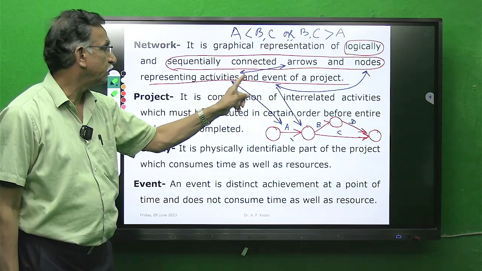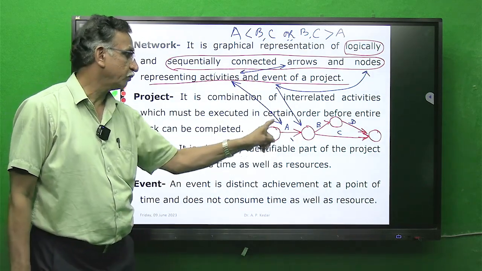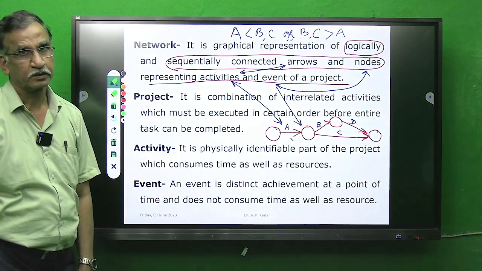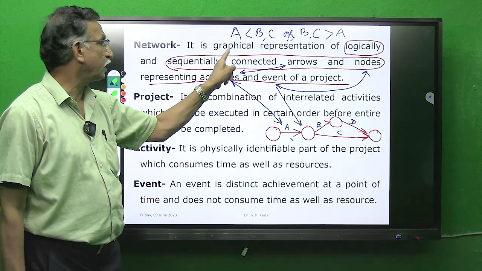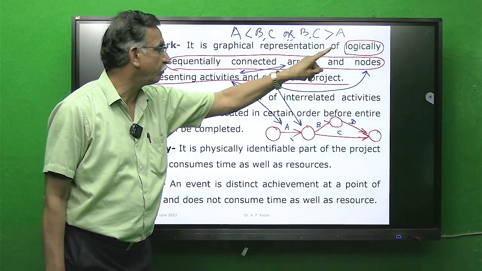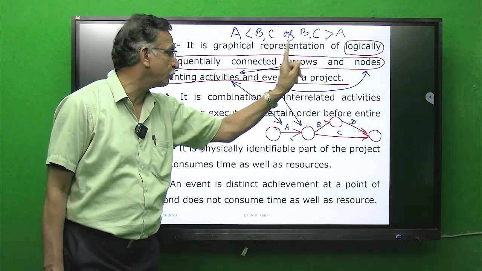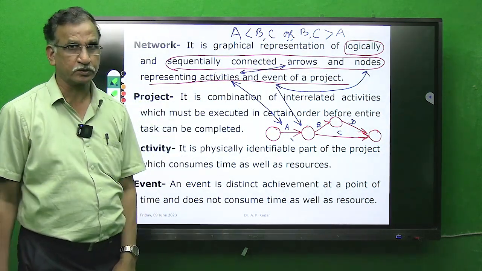And sequentially means in order: first A, then B and C, then D. That is called the sequence. So that is the meaning of: it is a graphical representation of logically and sequentially connected arrows and nodes representing activities and events of the project.